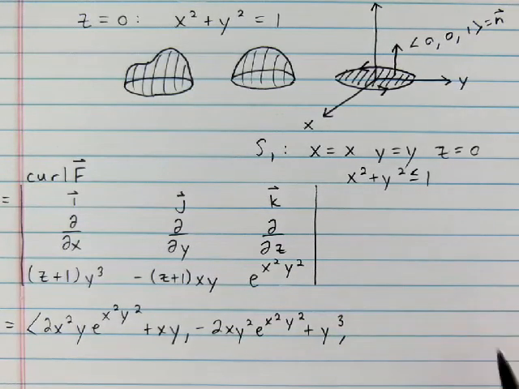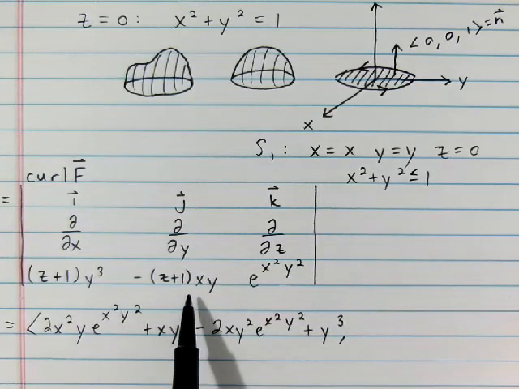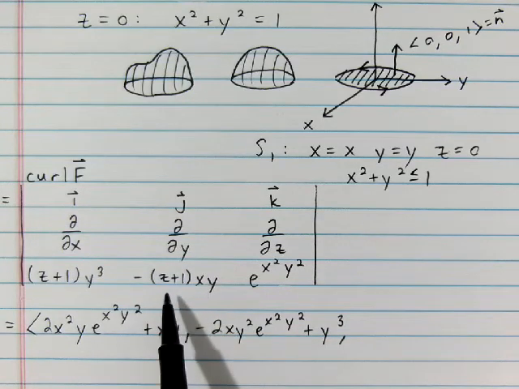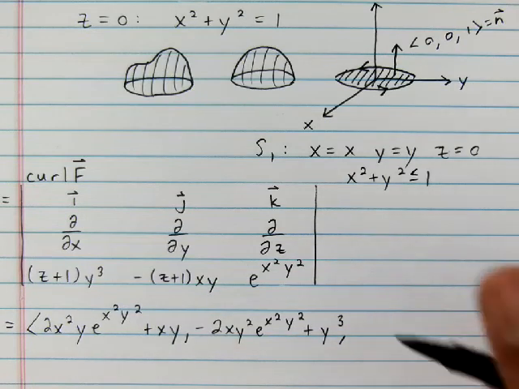And lastly, the partial of this with respect to x, and we are going to get negative z plus 1 times y.